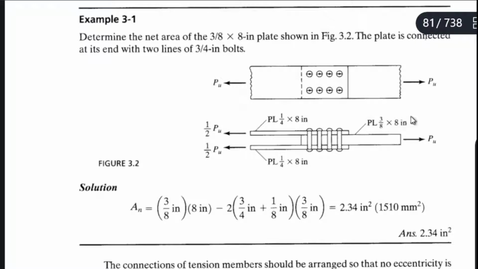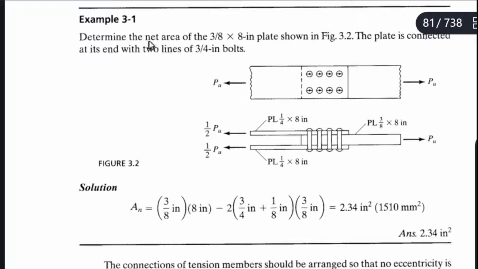You can use that in your engineering plan: PL 3/8 by 8, or in terms of mm, PL 16 by 200. That means 16 mm by 200 mm, if you are using SI units.